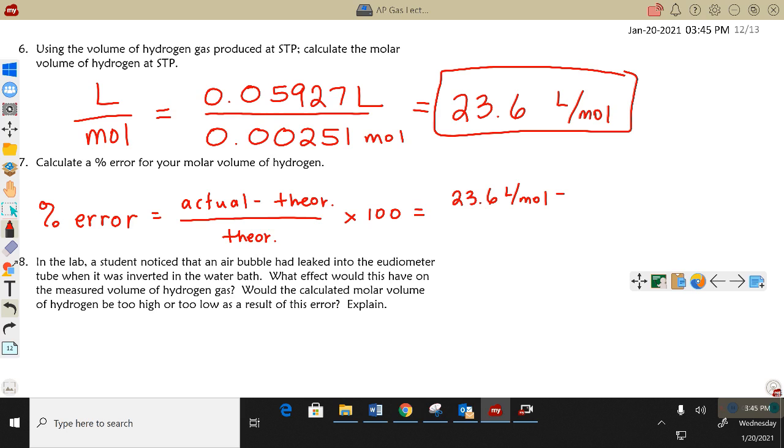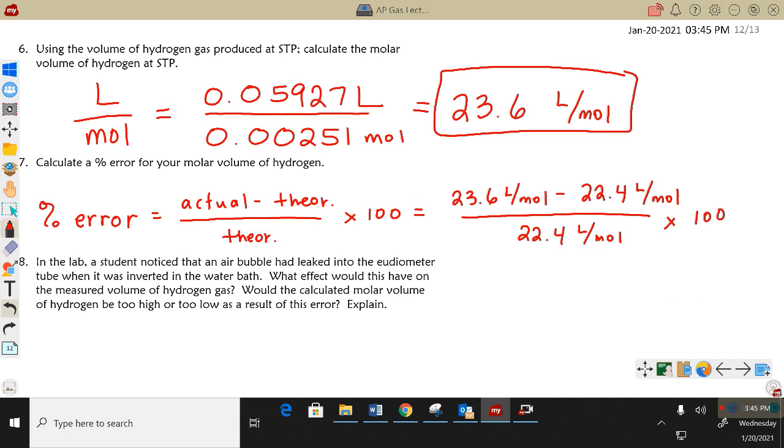Do you remember the theoretical molar volume? The volume of 1 mole of any gas at STP, it's kind of a constant. 22.4 liters per mole. And then I would divide again by the theoretical, 22.4 liters per mole, times 100.